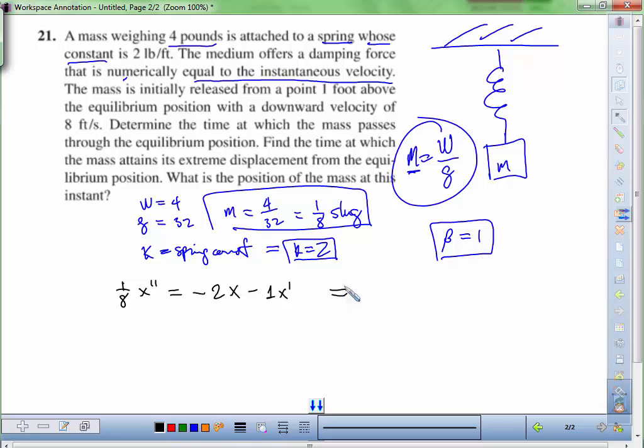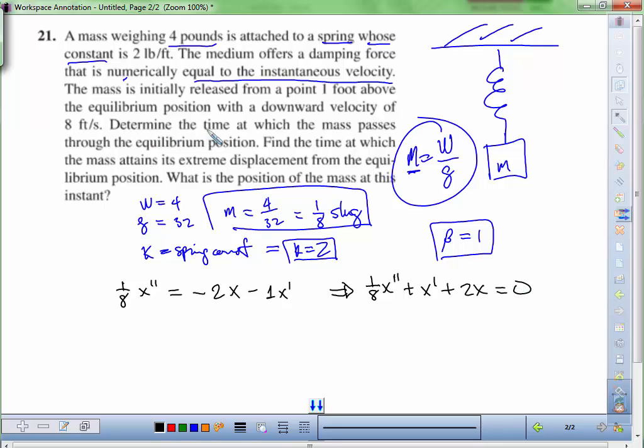So then our differential equation would look like 1/8 x double prime plus x prime plus 2x equals 0. So now this is a regular differential equation that we've been solving before.